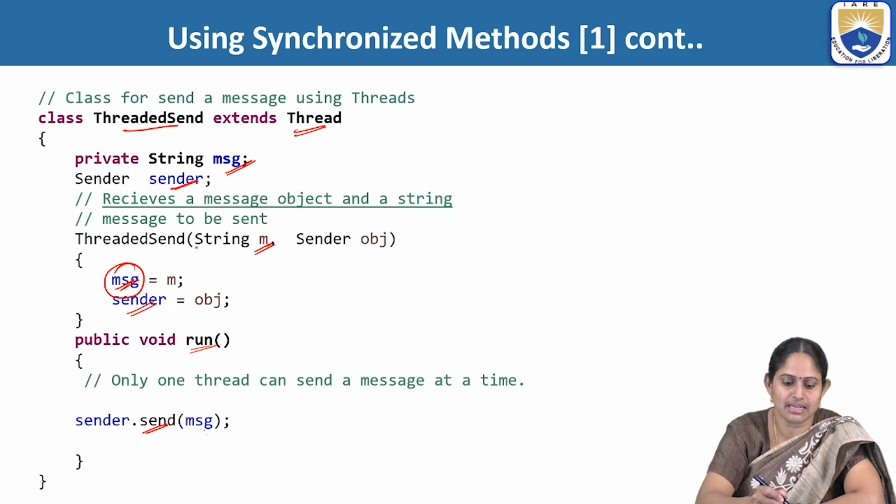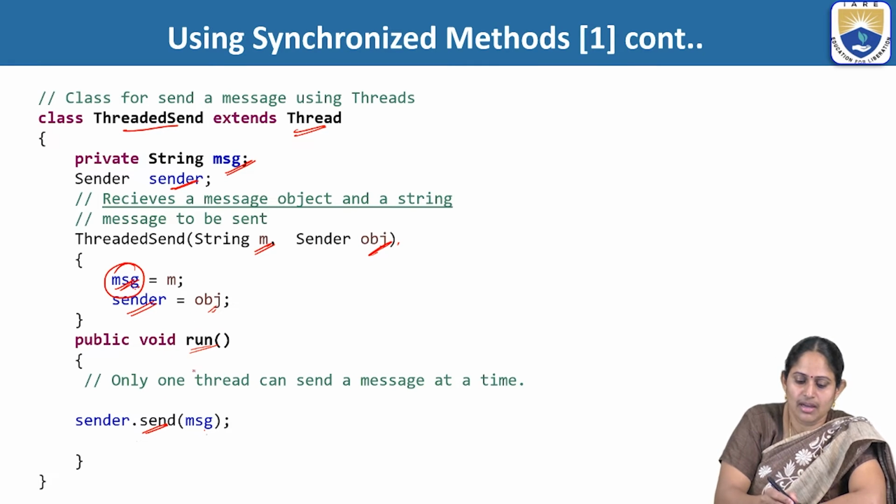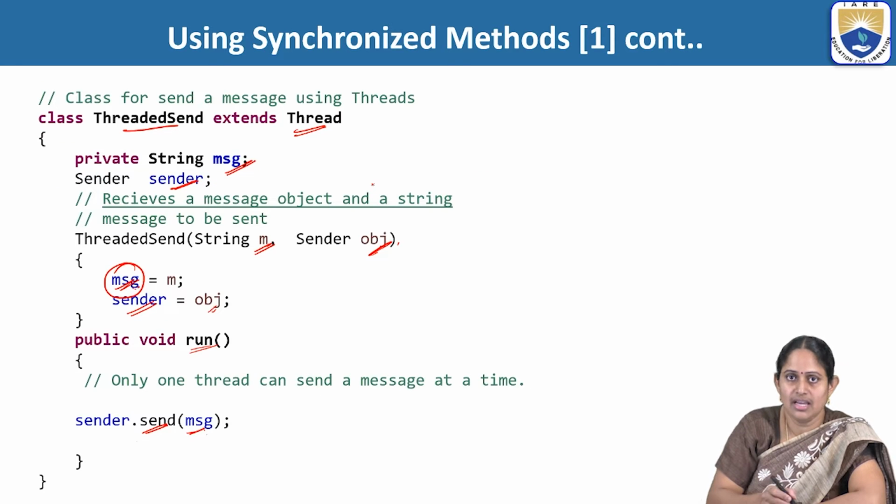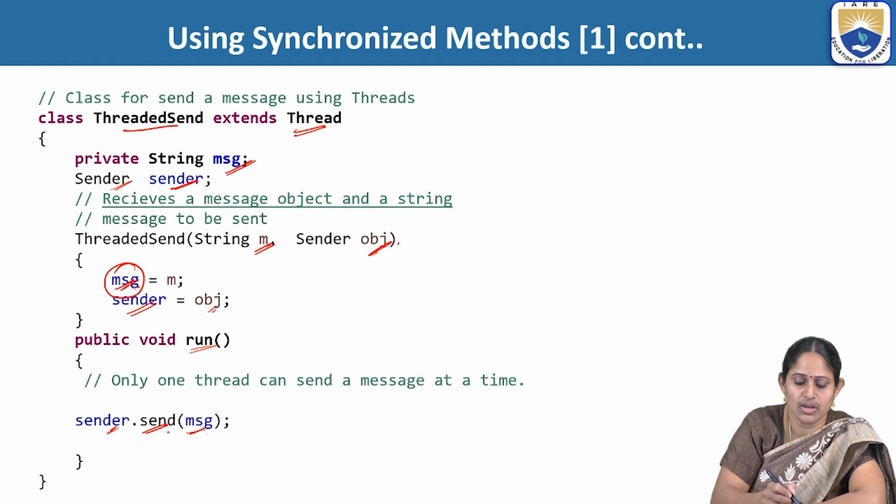We have the sender object obj. Once it starts executing, this message will be passed on to the sender, so it is calling sender.send. The sender is the object reference of the sender class, and to that object we are passing this message.